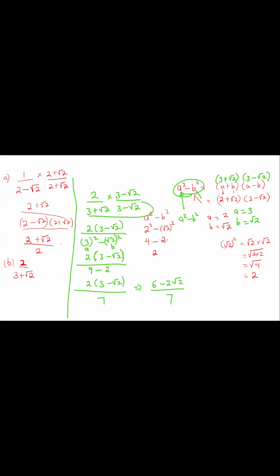And we multiply 2 into the bracket. Remember, the 2 affects everything inside the bracket. So it affects the 3 and the root 2. So it affects everything. Okay, teacher. Okay.